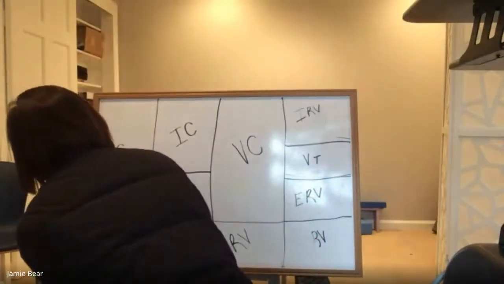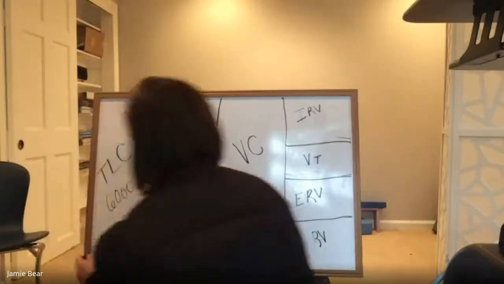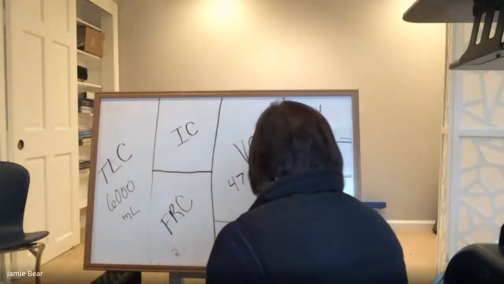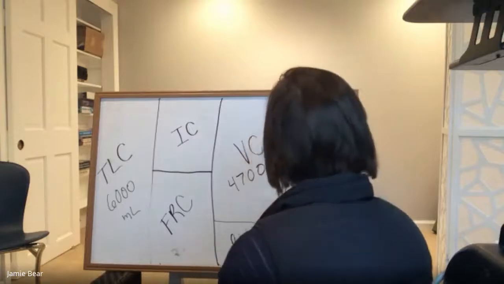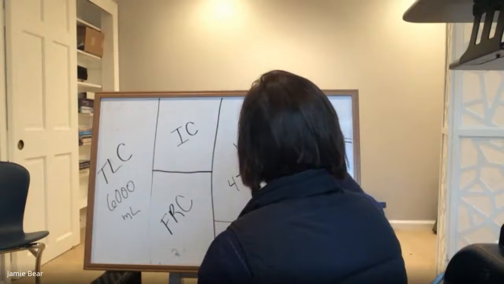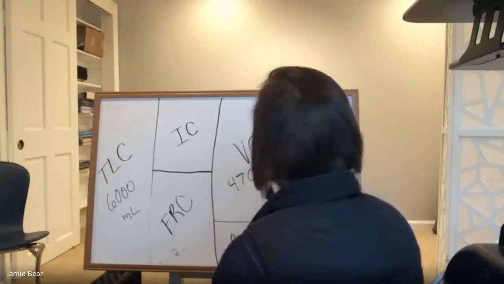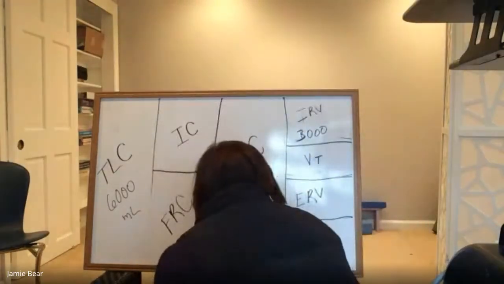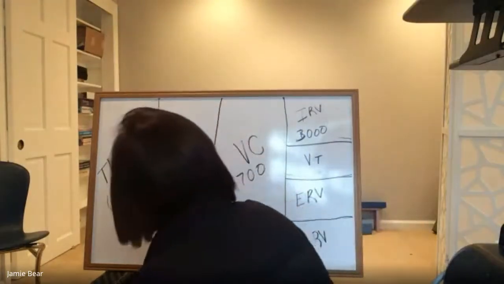Okay, so 6,000 mils is what's given for our total lung capacity. Our vital capacity is 4,700 mils. Our IRV is 3,000 milliliters. And then finally, our functional residual capacity is 2,400.